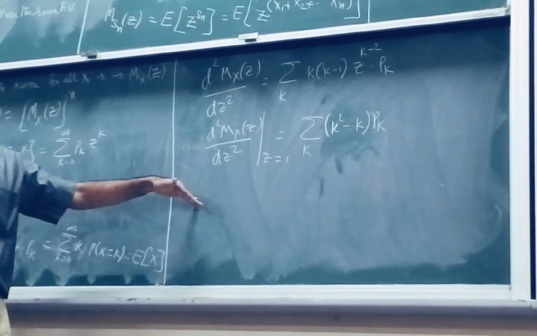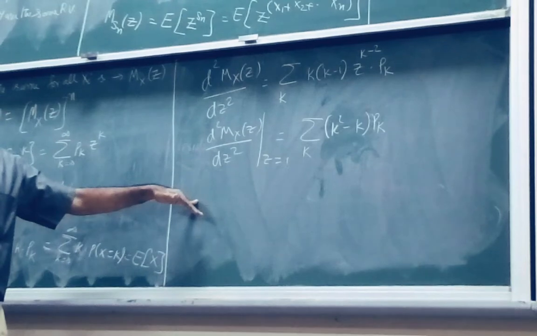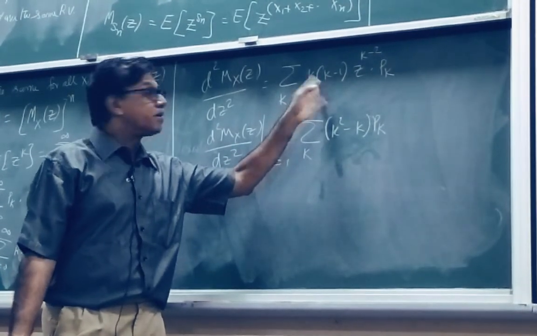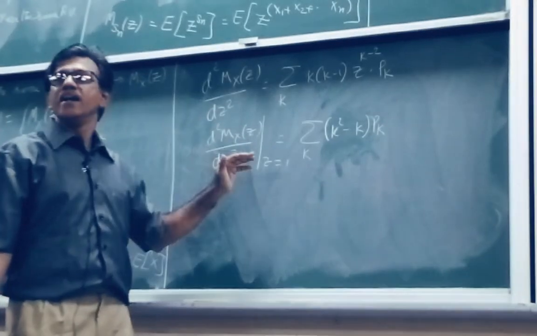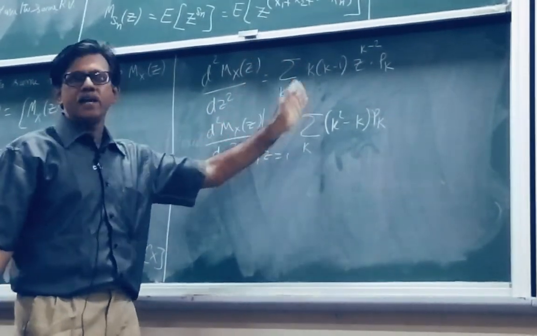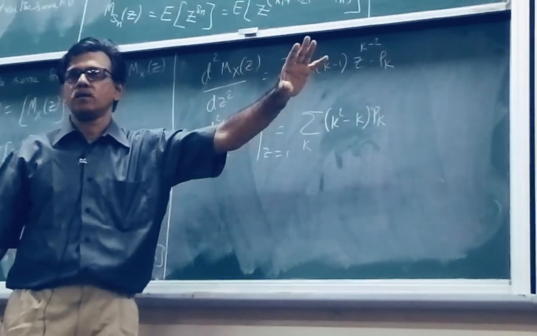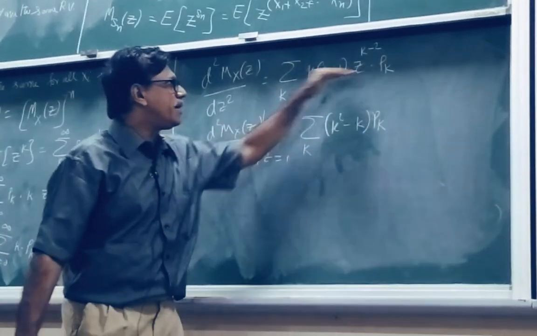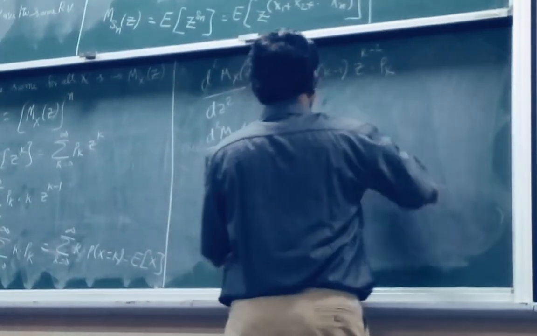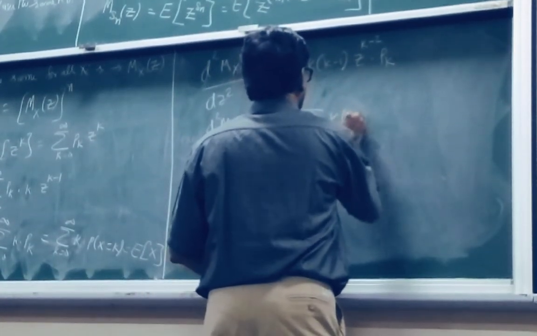So, in general, if I differentiate it n times, I will not be getting k power n, but I will be getting k into k minus 1, k minus 2 and so on. So, that kind of moment is what I will be getting.